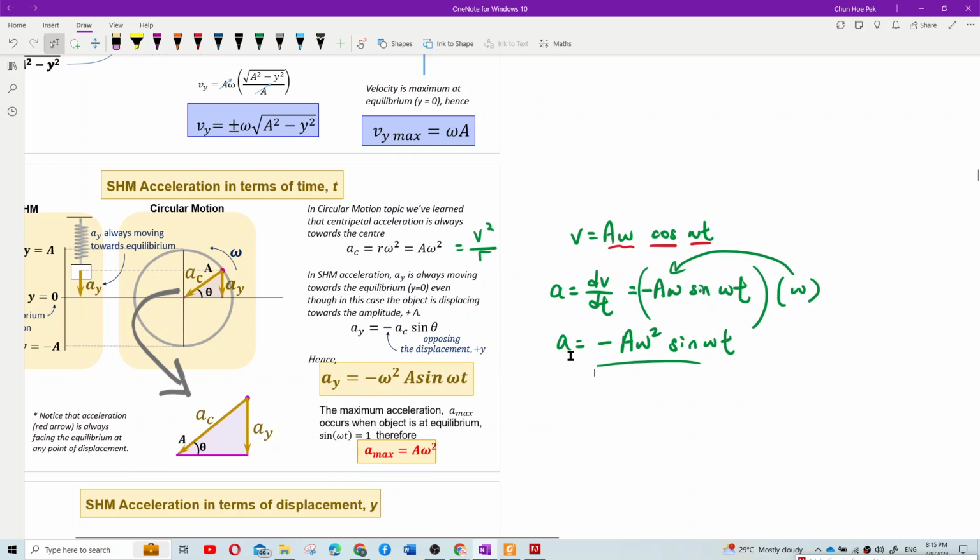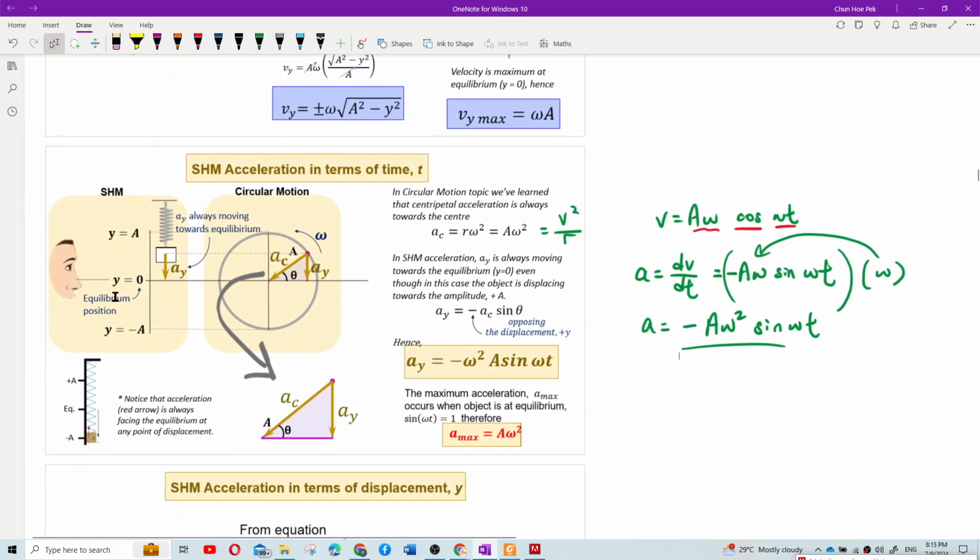A omega square or omega square A is the same. So we get the formula for acceleration for simple harmonic motion. Later we're going to use this formula to solve some problems.